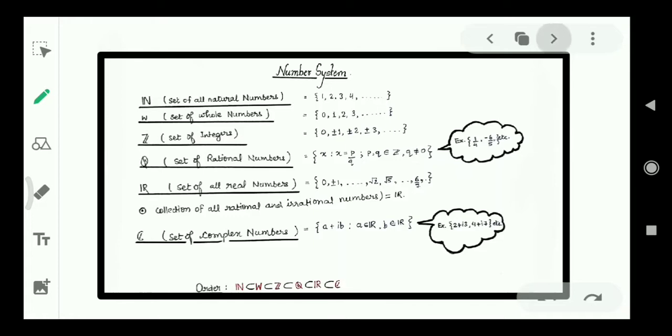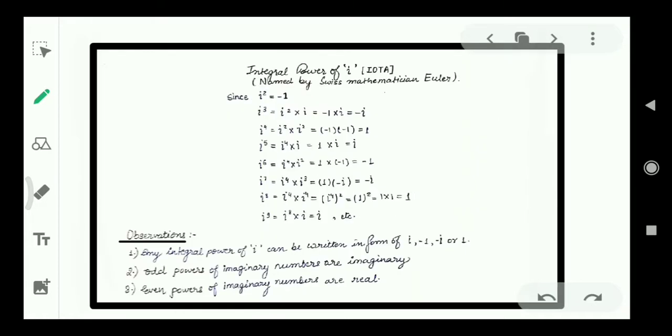So, let us know more about this iota. Since we know i square is equal to -1, i cube is equal to minus i. Similarly, we can calculate all the integral powers of i. Any integral power of i can be written in the form of i, -1, minus i or 1.